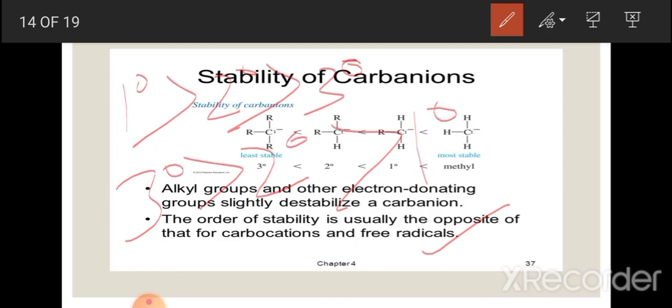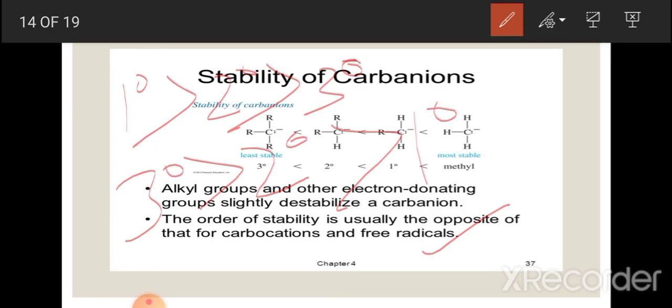The presence of electron releasing groups, that is plus I effect, such as alkyl groups, decreases the stability of carbanion. The groups which come under positive inductive effect, if they attach to it, such as alkyl groups, they will decrease the stability of carbanion.